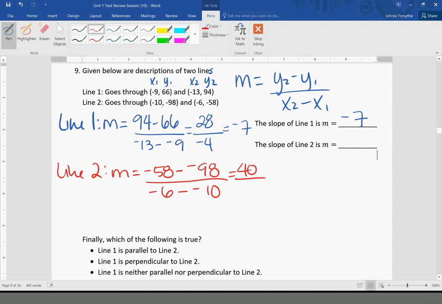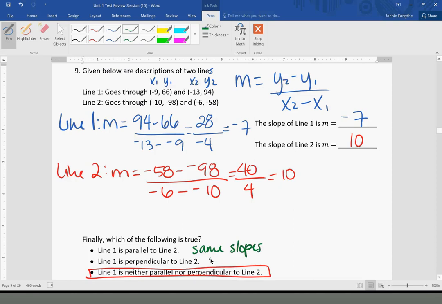And then negative 6 minus negative 10 is 4, and 40 divided by 4 equals 10. So the slope of line 2 is 10. So if the slope of line 1 is negative 7 and the slope of line 2 is 10, then these two lines are neither parallel nor perpendicular to each other. Okay? Parallel lines must have the same slopes.